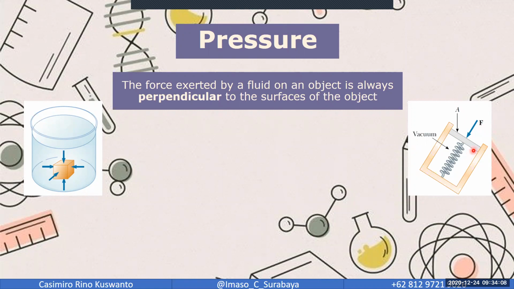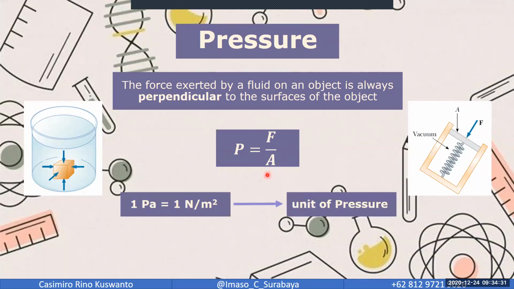The ratio of this force and the surface area is defined as the pressure. So pressure P equals F, force, per A, surface area. The international system unit of pressure is the Pascal, equal to Newton per square meter.